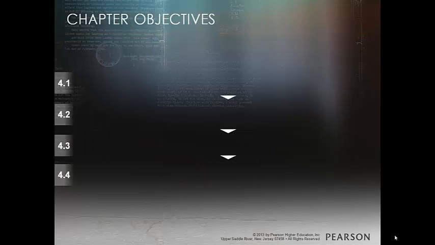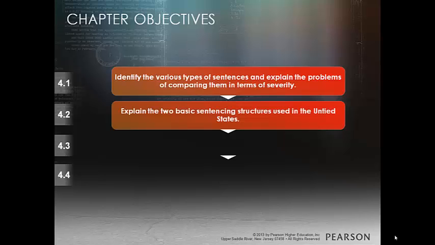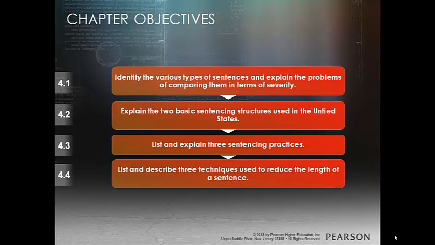This chapter has 6 learning objectives. 1. Identify the various types of sentences and explain the problems of comparing them in terms of severity. 2. Explain the 2 basic sentencing structures used in the United States. 3. List and explain 3 sentencing practices. 4.